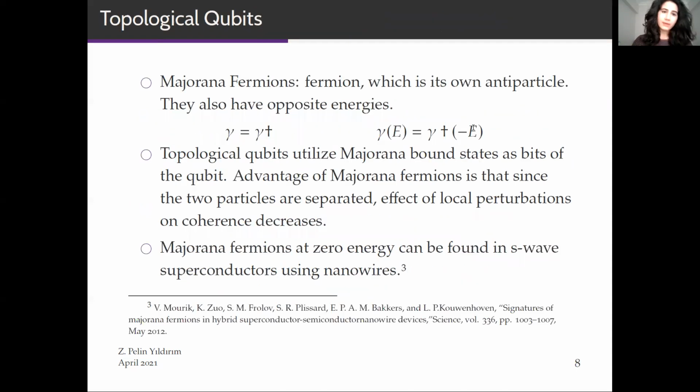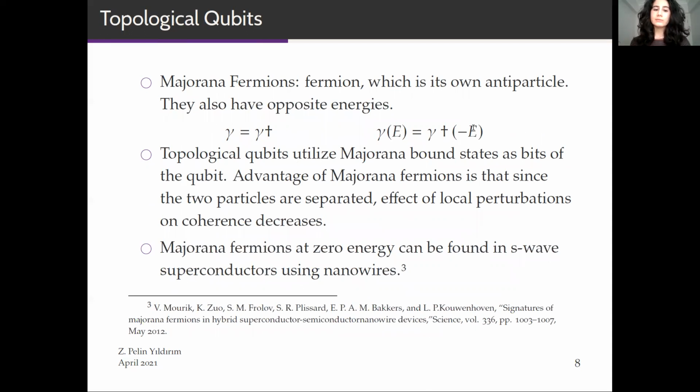Okay, now we can start with topological qubits. Topological qubits use Majorana bound states as their bits. A Majorana fermion is a particle which is its own antiparticle. These particle and antiparticle also have opposite energies. Majorana fermions are good candidates because they are spatially separated.